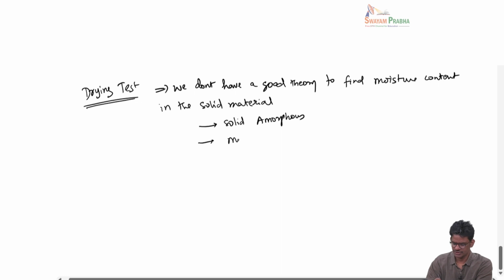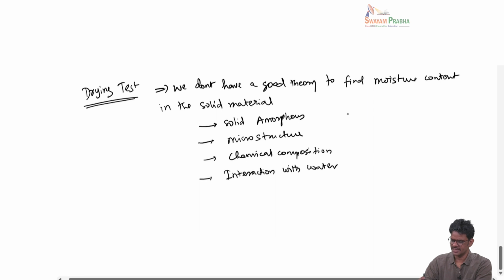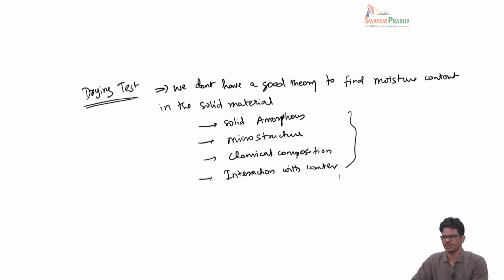It may have microstructures that are very different from each other, chemical compositions, interaction with water. So these are highly dependent on the material in question. Okay, so because of this, having a theoretical description of drying rate is very challenging.